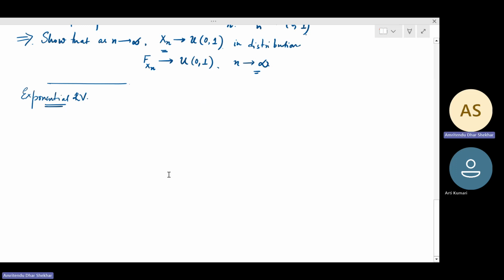Right. So the exponential random variable is a random variable whose density function, small f of x, is equal to lambda times e to the power minus lambda x if x is greater than or equal to 0, and is 0 if x is less than 0.